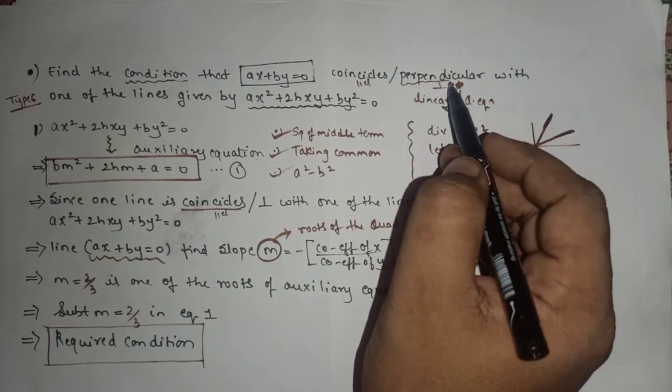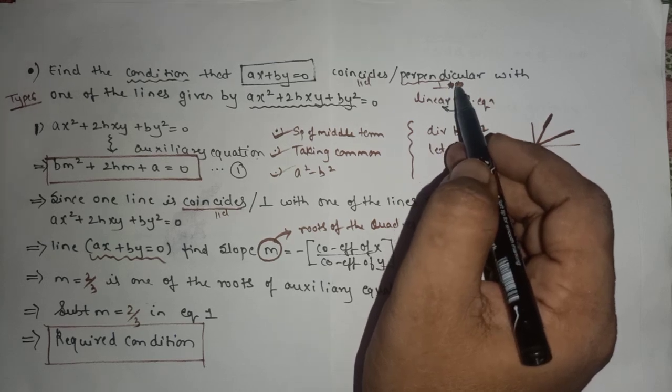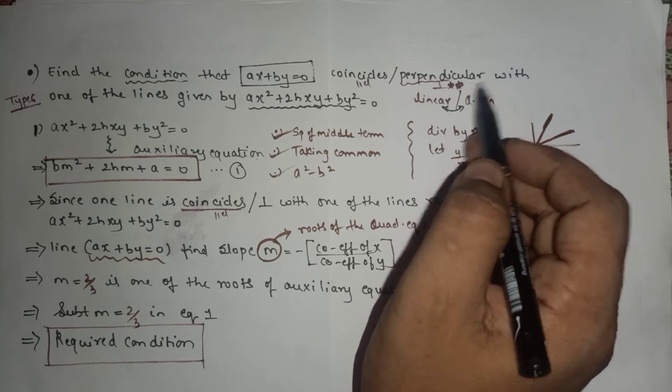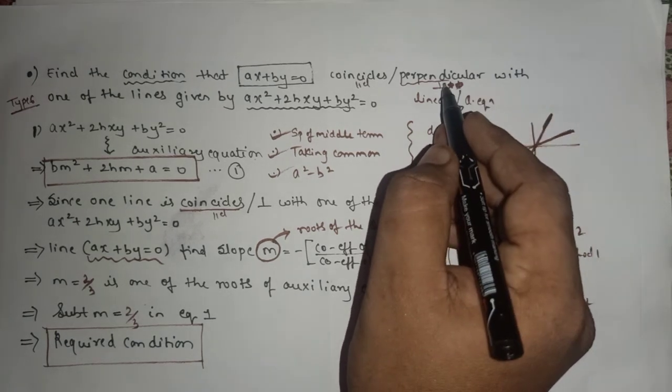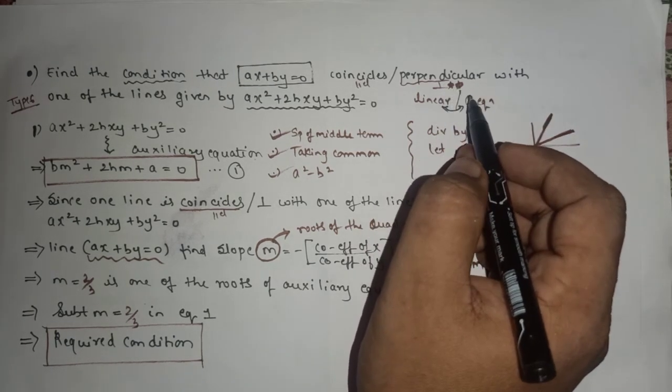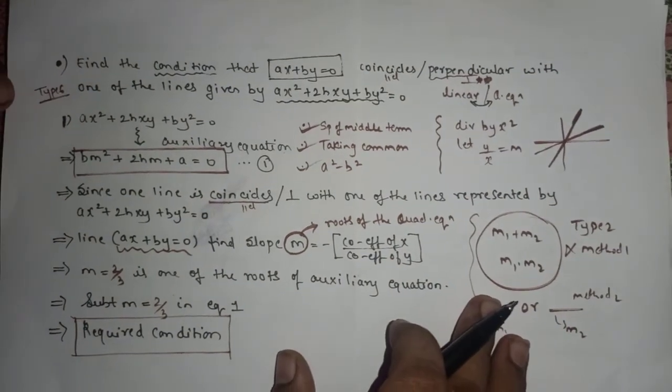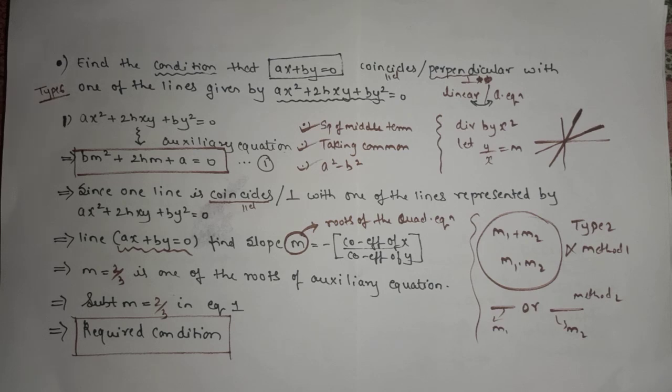But remember, in the perpendicular case you have to reciprocal the value of the slope with the opposite sign. Without changing the slope you cannot find your answer. So that's the end of type number 6.